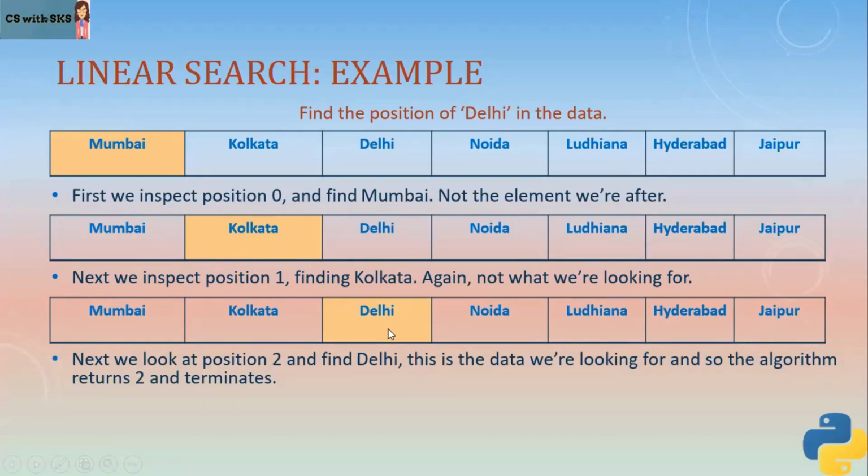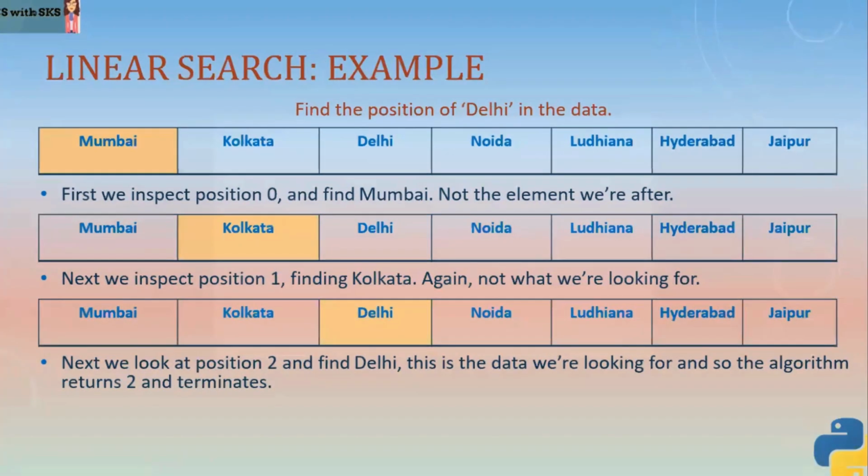So this is the data which we are looking for. The position is 2 because Mumbai is 0, Kolkata is 1 and Delhi is 2. We have found our item at position 2. So the algorithm will return 2 and terminate. Okay. So this is how linear search works.